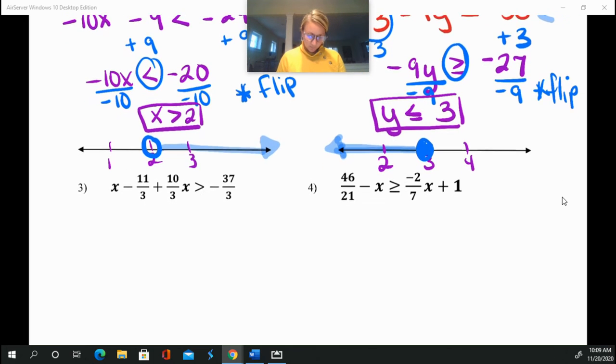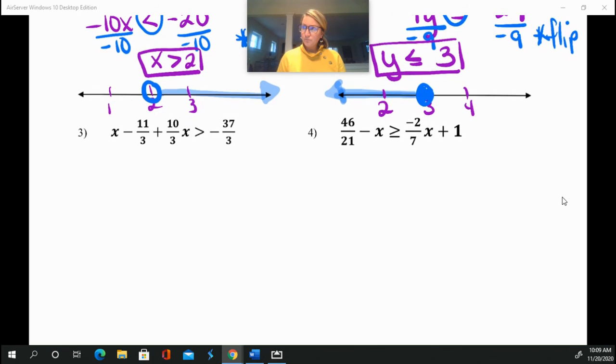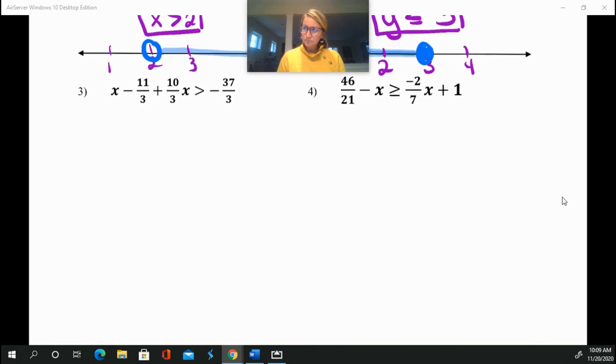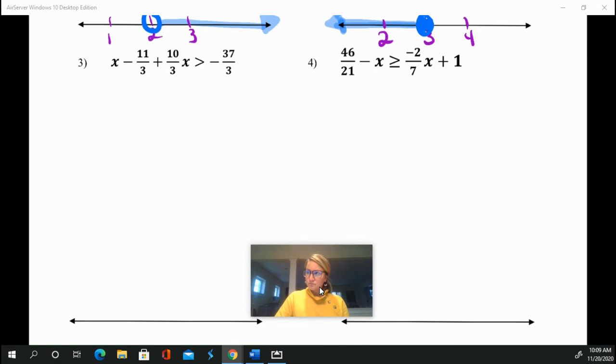So we have 2 more examples, and then I'll have you practice on your own. Okay, so first step, find the least common multiple of the denominators. In number 3, we only have 3 as a denominator, so we want to multiply every term by 3.